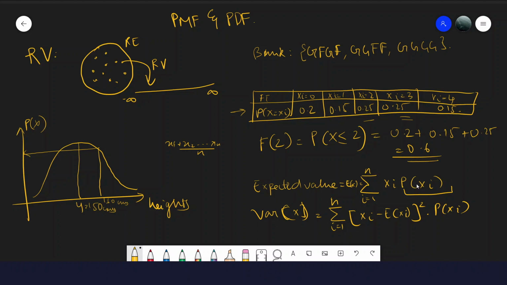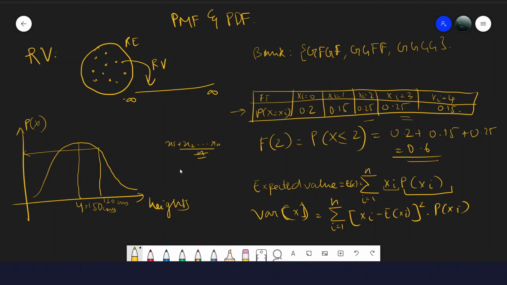When I multiply with the probability value of the observation, I'm sort of scaling it down, so that it is in proportion with my probability value. That's exactly what I do in the mean as well. When I take the sum and divide by n, I scale it down for the number of observations.